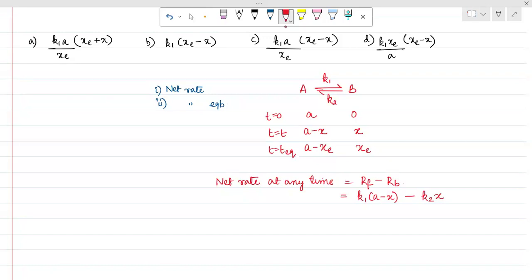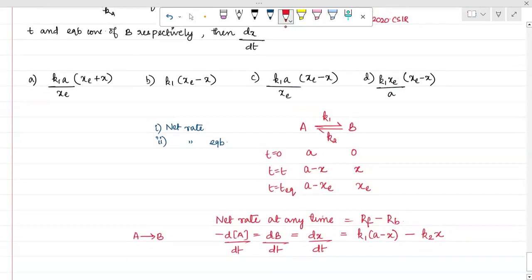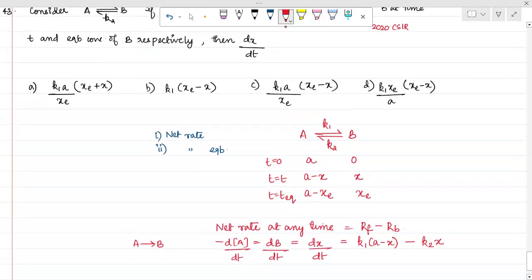And if I have to write for the reaction A giving B, theoretical rate can be written as minus dA by dt is equal to dB by dt. And dB by dt is equal to dx by dt, and that is the question. In the question, they have asked us to write the expression for dx by dt.